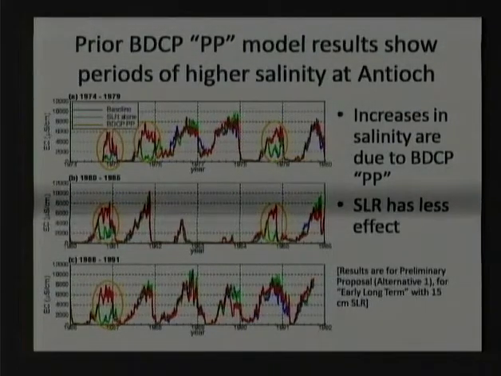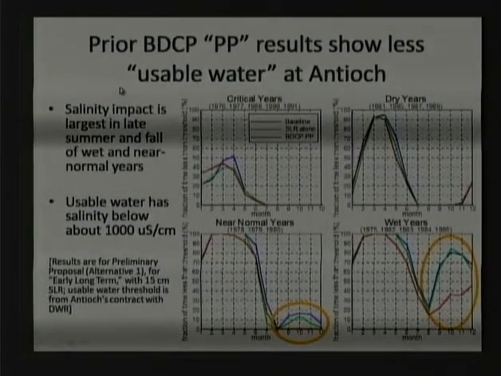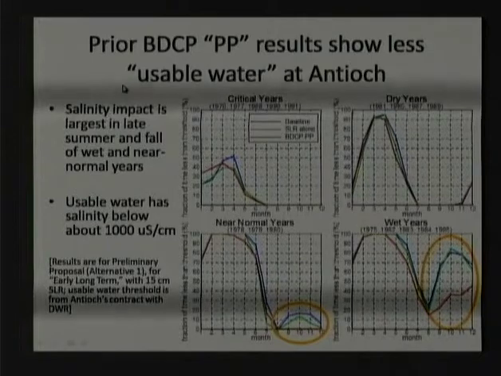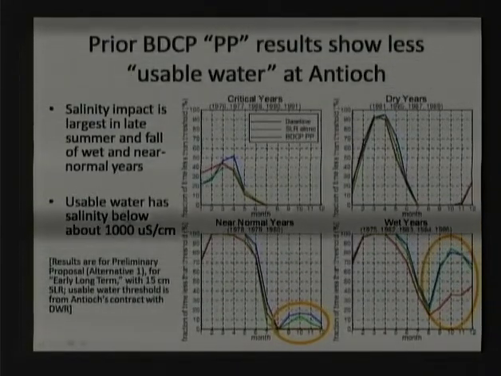Now, there are other ways to look at these results, and what this slide shows is exactly the same model run, the early long term with 15 centimeters of sea level rise and that earlier preliminary proposal, but aggregated in a different way.